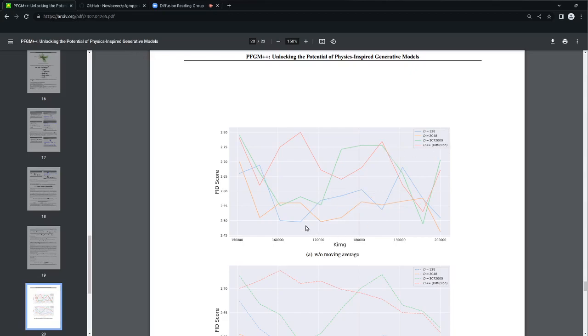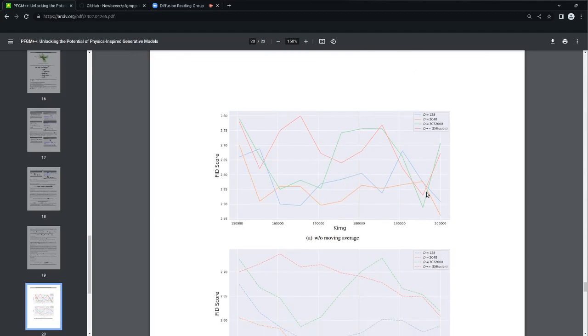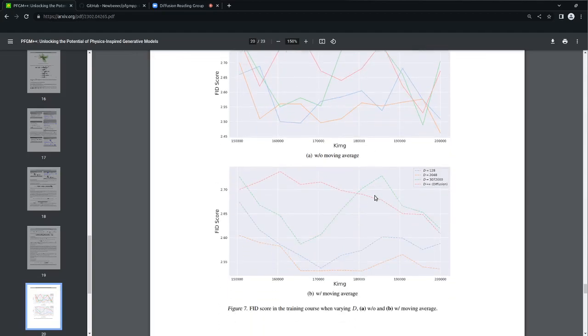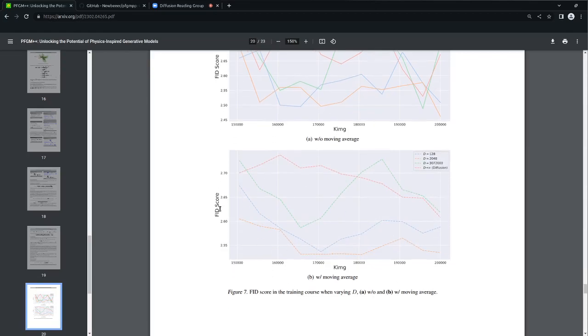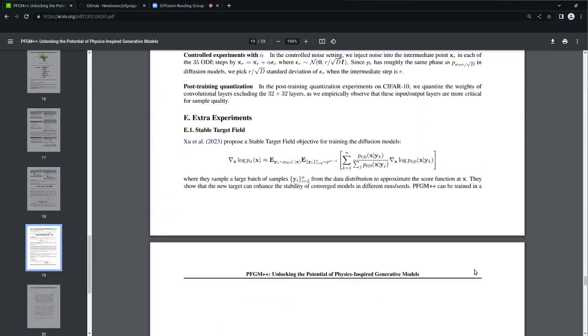You have diffusion with the orange line, and they overlap a bit, so it's not clear which is better. On the bottom they have the moving average, which they claim shows that the diffusion model does perform better overall. And on the bottom you have the 128. I'm not sure which data set this is.